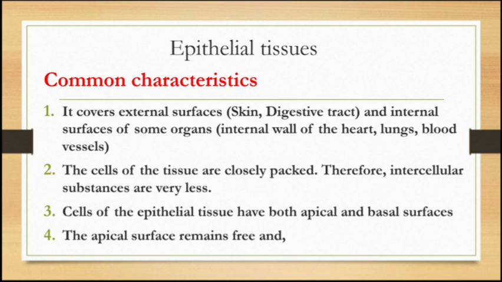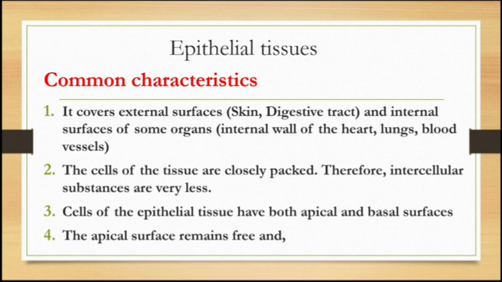Sometimes you will think that the digestive tract may be an internal surface. No, it's an external surface because the mouth and anus also open to the external environment. So the digestive tract is an external surface.